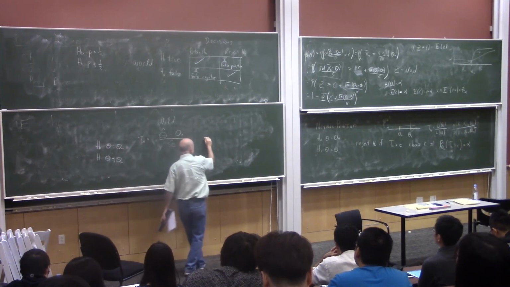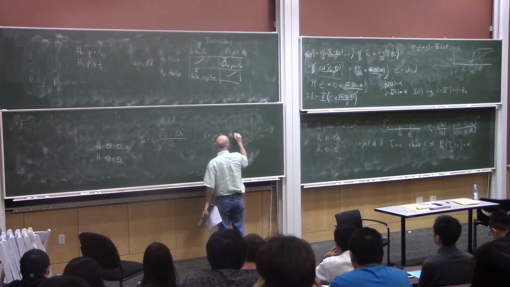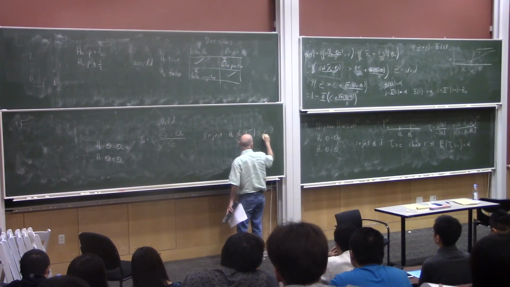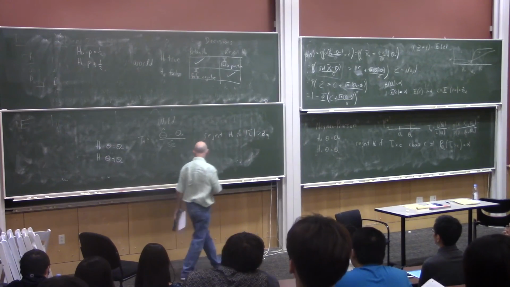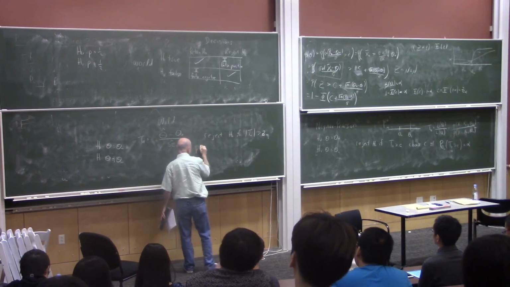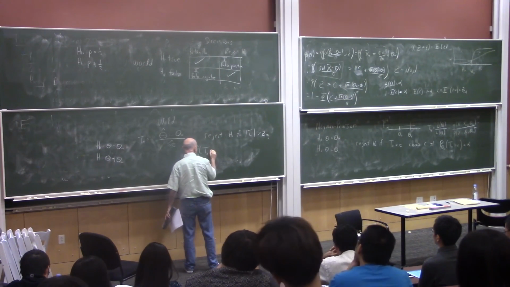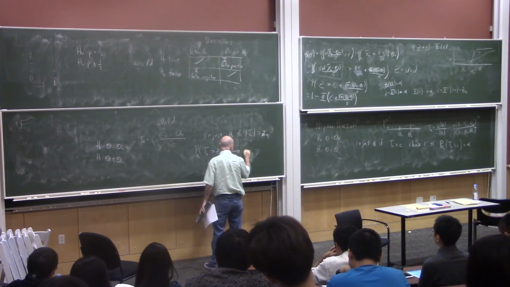What we're going to end up doing on Monday is we're going to say, okay, we'll reject the null hypothesis if this is bigger than that normal cutoff. And this will not be an exact test, but the probability under the null of rejecting will not be exactly alpha, but it will be asymptotically alpha.